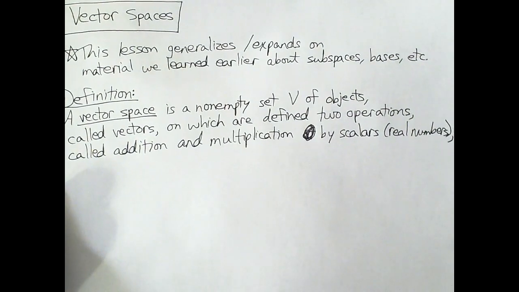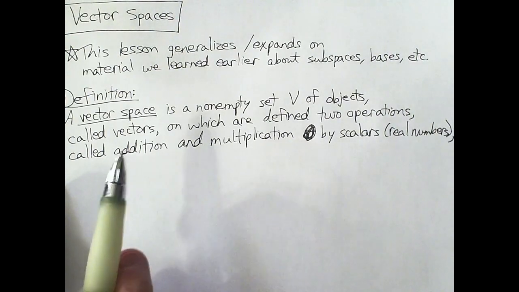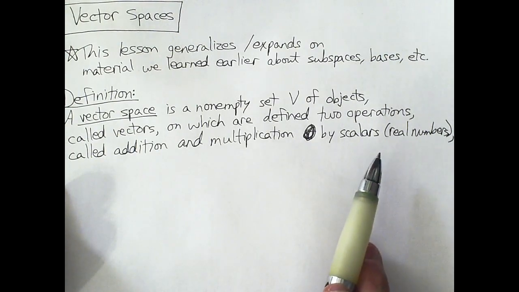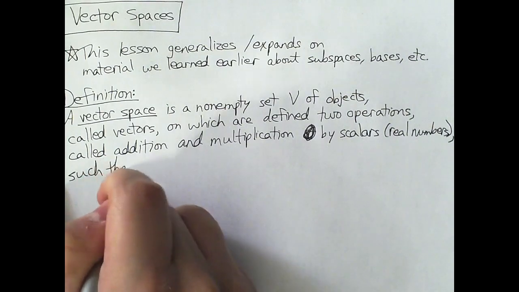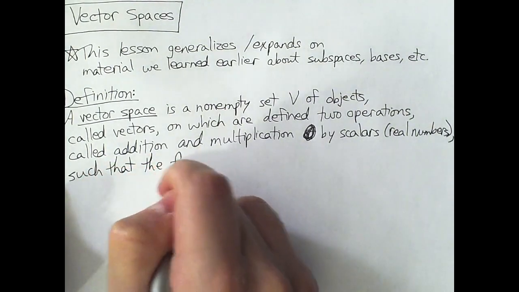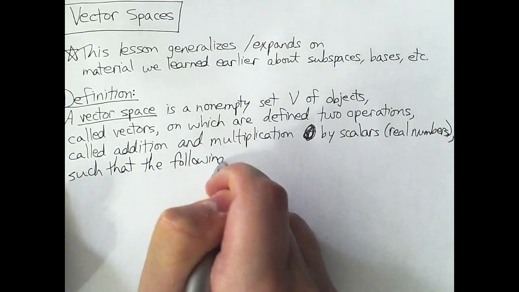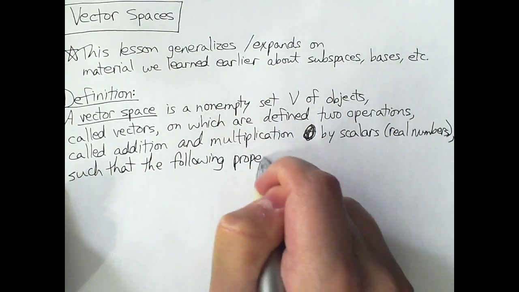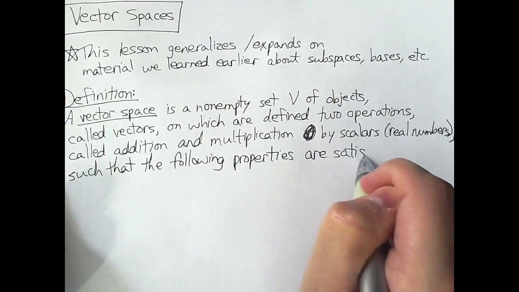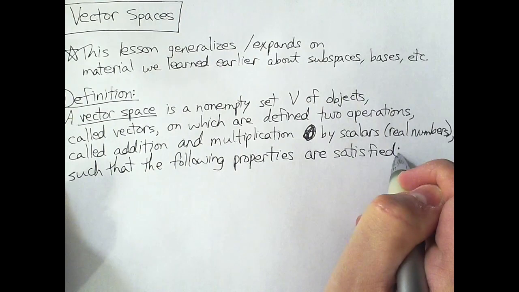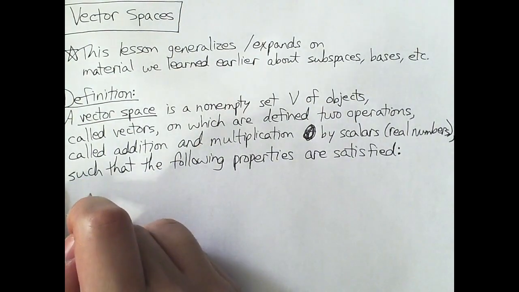It keeps going. A vector space is a non-empty set V of objects called vectors on which are defined two operations called addition and multiplication by scalars, such that the following properties are satisfied. There's going to be a list of properties.